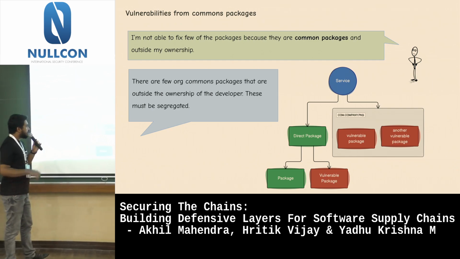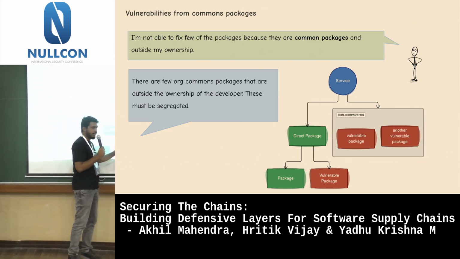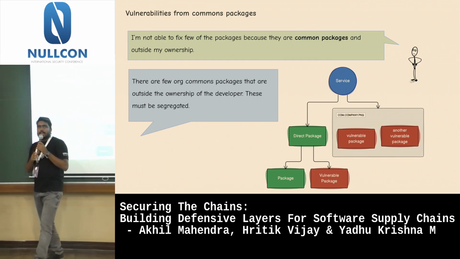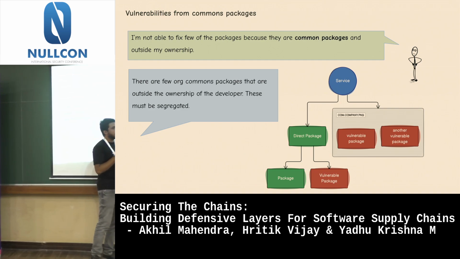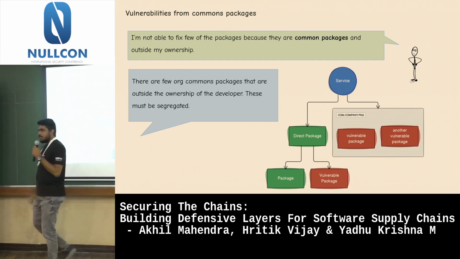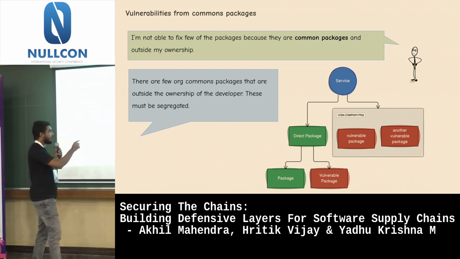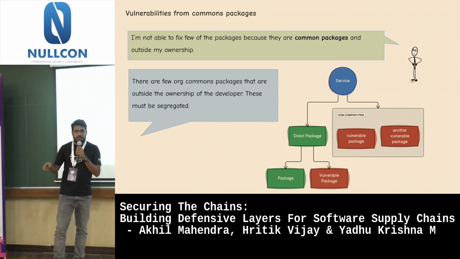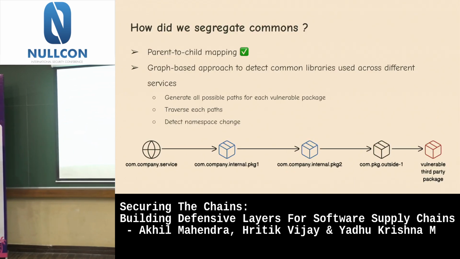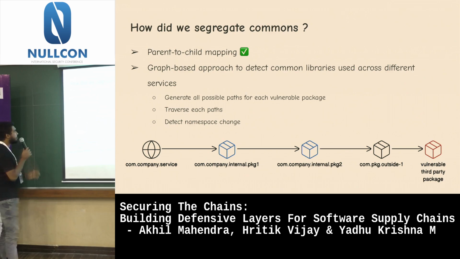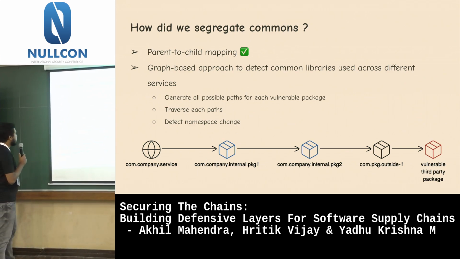Now, if I generate the SBOM, I'll get all these packages and all the relationships, but I will not be able to say why this package is here, why this vulnerability is here. Or I should not be putting the responsibility to fix that particular vulnerability on the developer. So we implemented an algorithm to segregate vulnerabilities from commons.